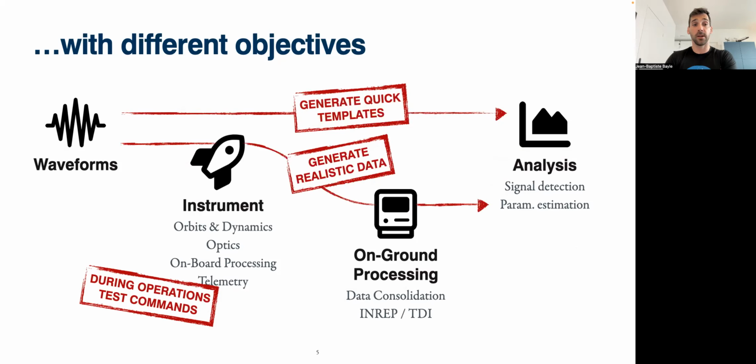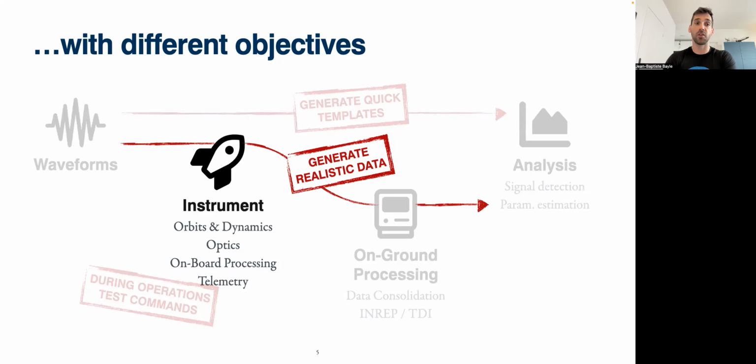Or you want to generate realistic data. That means going from waveform all the way through the instrument simulation and the on-ground processing, so that you can test or assess the performance of your analysis codes. In this presentation, we're going to focus on generating realistic data, and even more on this instrument simulation part.